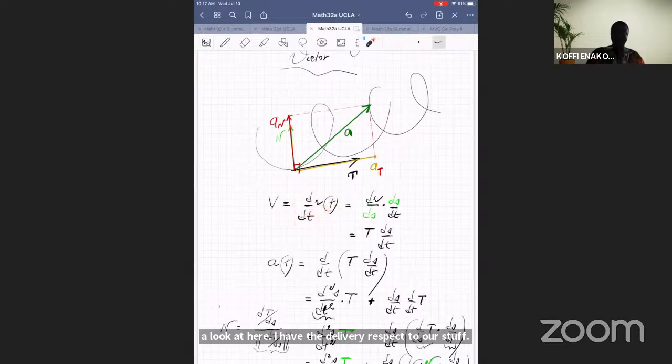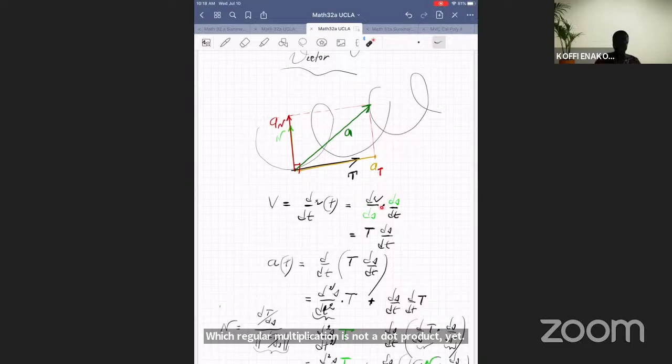Then I can use some algebra. The algebra involves the arc length here, and I introduce it because of the chain rule, ds. So that will be d with respect to s of r, which is a regular multiplication, not a dot product here, times ds with respect to t.